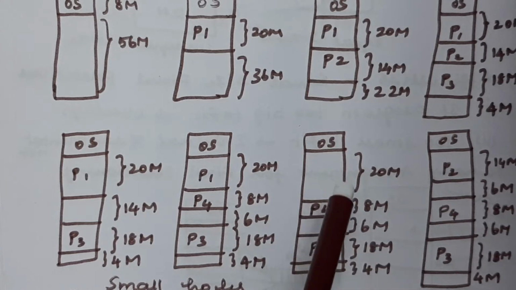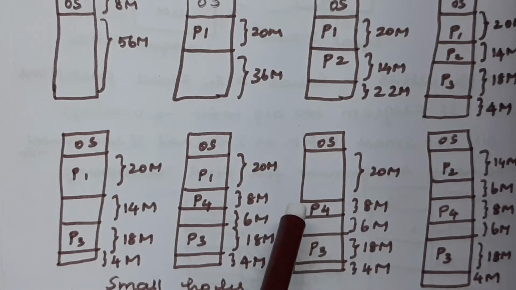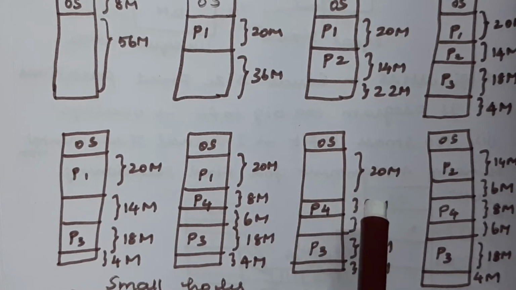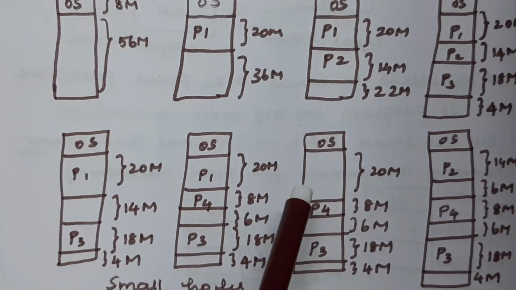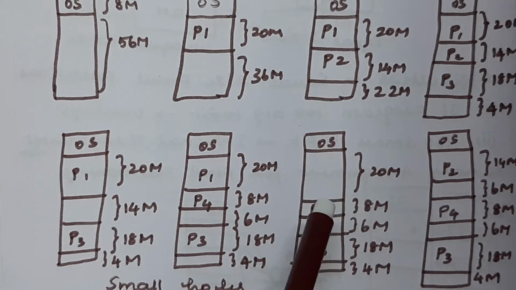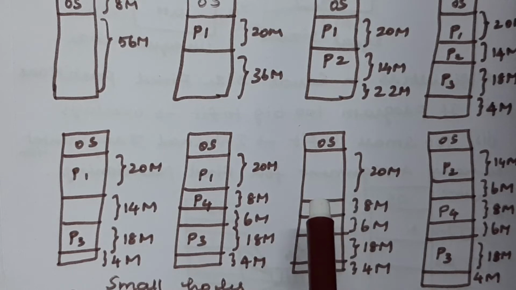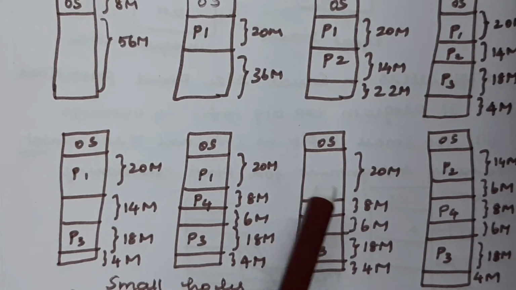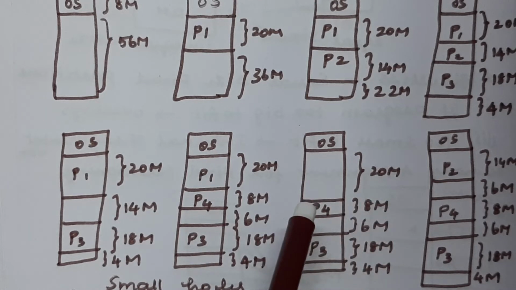Again, if P2 was in blocked state, meaning it is not in ready or running state, then we can swap it out. After some time it may change to the ready state, and at that time we need to swap the same process back into main memory.